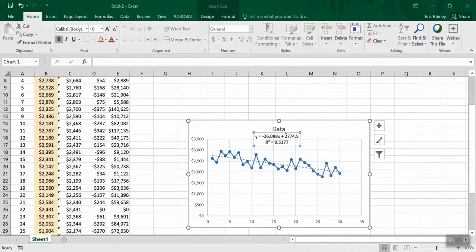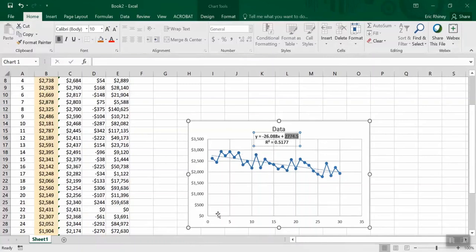So one of the things we see here is that our y-intercept gives us an understanding of the starting point for our analysis. So we should start by anticipating around $2,775 per month. But we do know that we have this beta of negative 26.088.